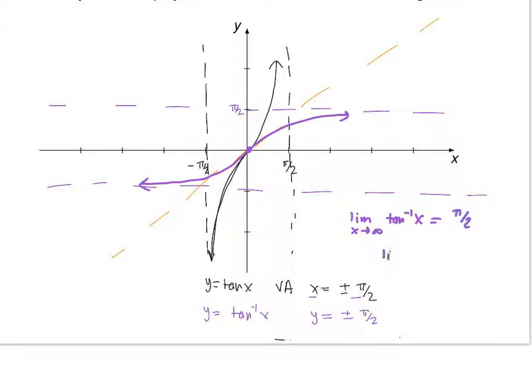And if I said limit as x goes to negative infinity, that means as the x's get more and more negative, so like along this part of the picture, where do the y values go? Negative pi over 2. And one thing you'll do in calculus is find these limits for all sorts of functions, but it can often involve looking at a picture and looking at what happens to the y's as the x's get large.